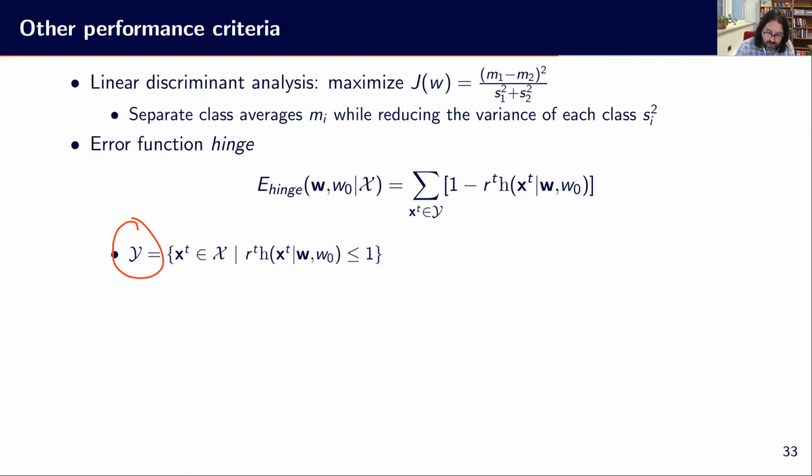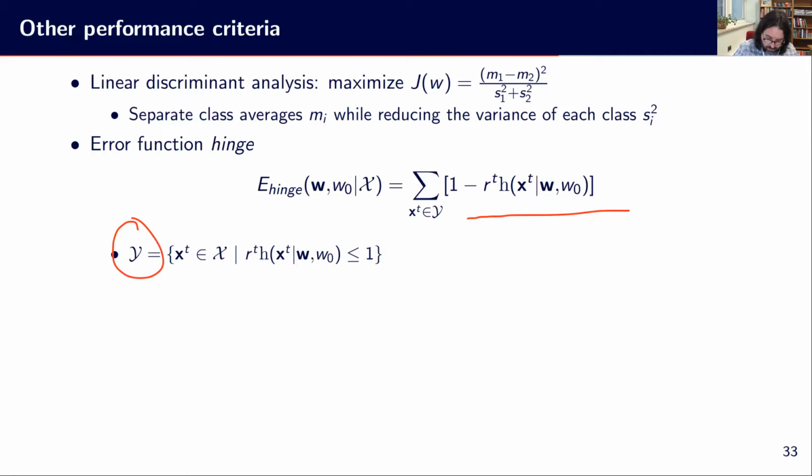And we want to minimize 1 minus r_t times h of x_t. So contrary to the perceptron, we don't just stop when the data is correctly classified. We continue to optimize. We have some kind of error when the sample is well classified but close to the frontier. So we tend to place the hyperplane away from the samples as much as possible.